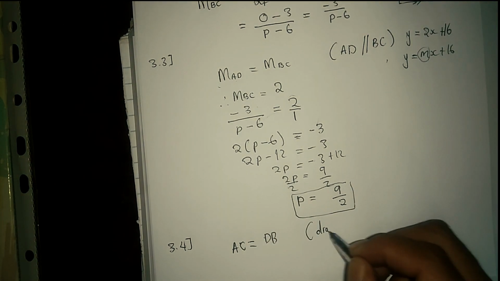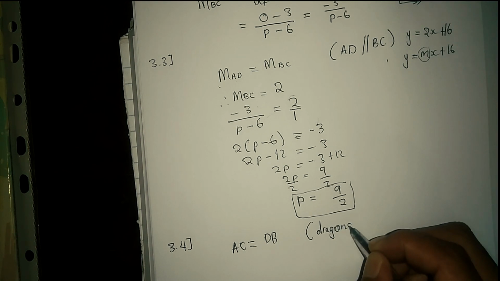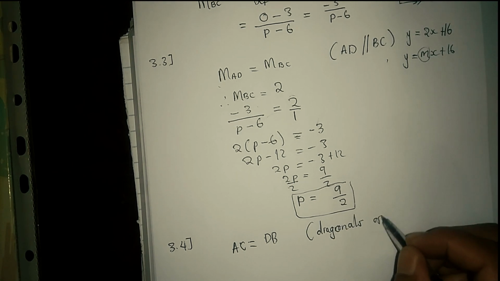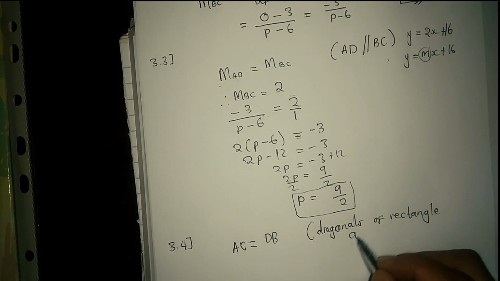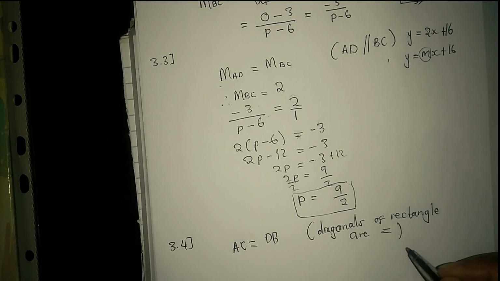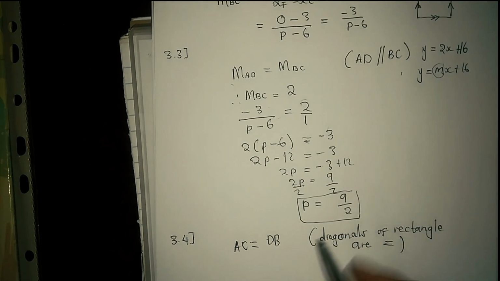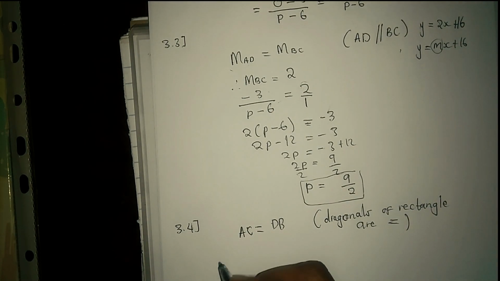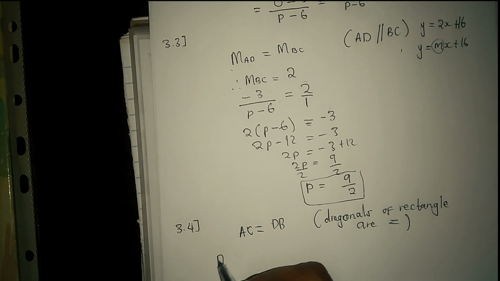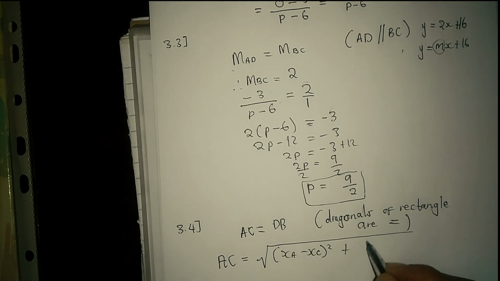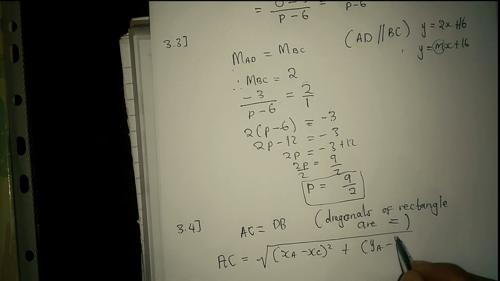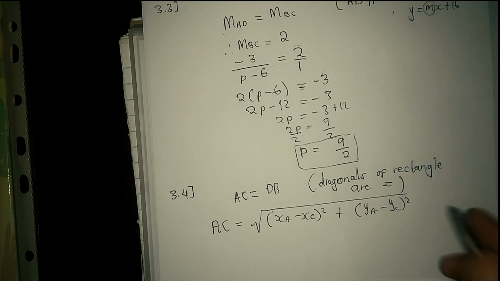Why? The diagonals of a rectangle are equal. So this is a property of a rectangle. Now AC is equal to the square root of (XA minus XC) squared plus (YA minus YC) squared.